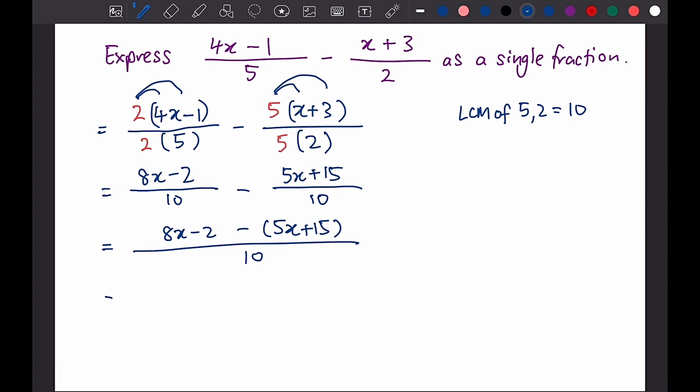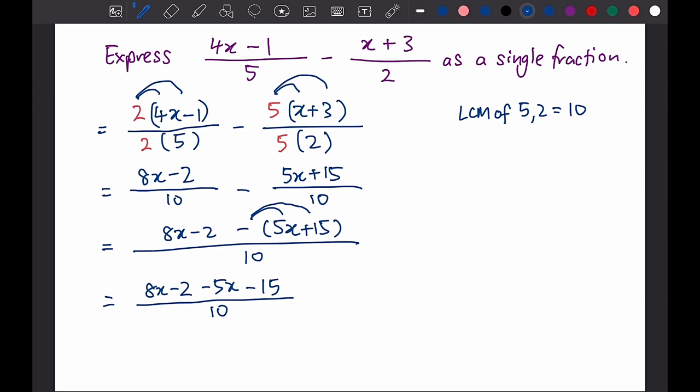So therefore, in the next step, what's going to happen is I will have denominator of 10, 8x minus 2, and then -1 distributed in means minus 5x, and take note, -1 times positive 15 is going to give you a -15, so we put minus 15 over here.